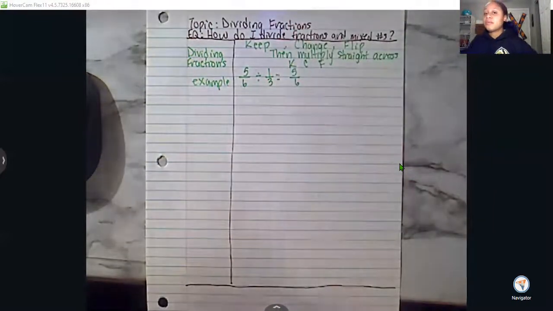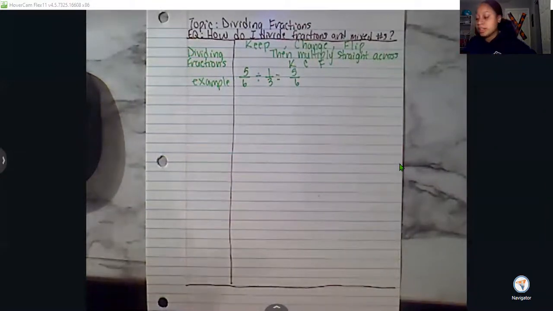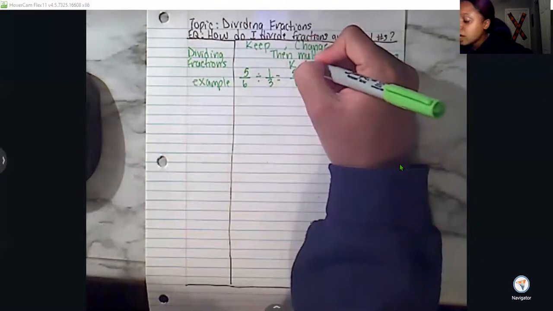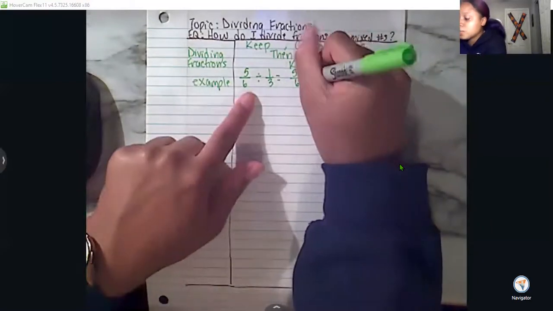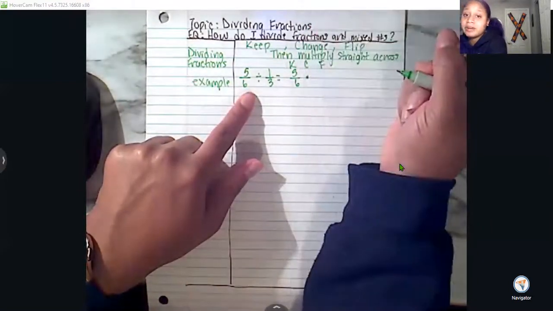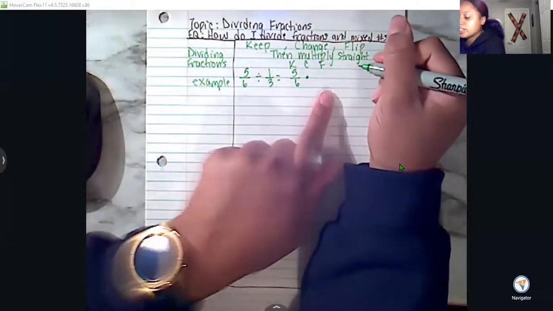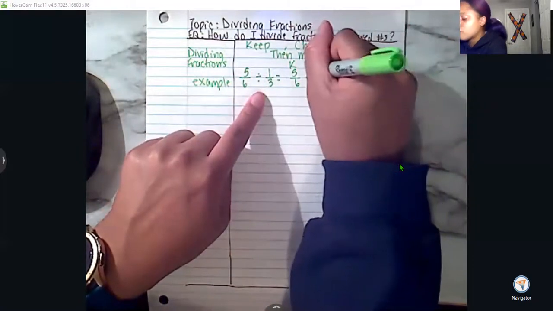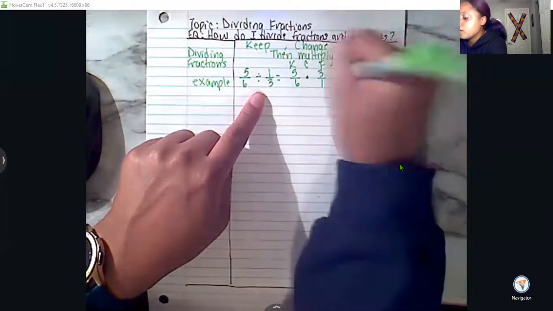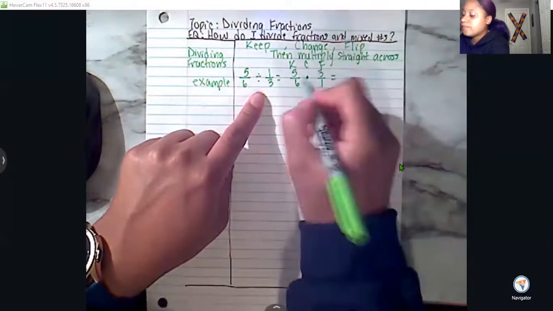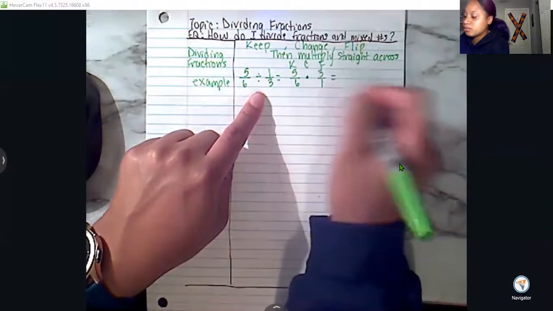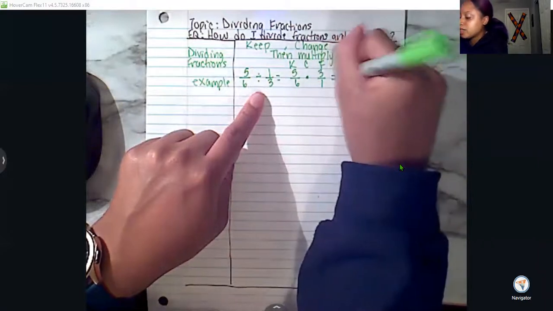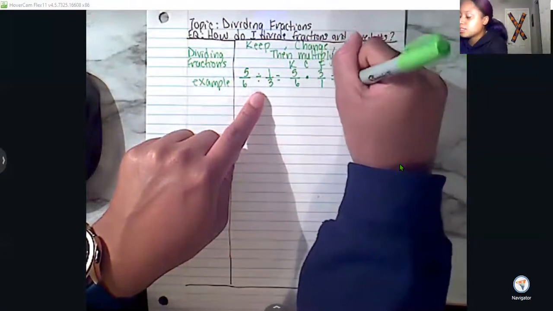This should remind you of the Leo method, very similar methods. So 5/6, change the division to multiplication, so we are multiplying now. And then flip the second fraction. Instead of 1/3, we're going to have 3/1. Then we just multiply across. 5 times 3 is 15. 6 times 1 is 6.